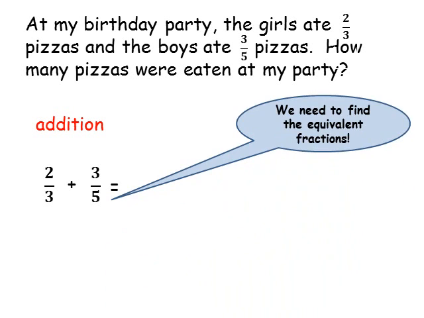Alright, and as you can see now, the fractions that we have here do not have the same denominator, so therefore we need to find the equivalent fractions for both fractions. Alright, so we need to find the LCM to get the least common denominator. Okay, so let's factor out the first denominator, which is 3, and that is 1 times 3.